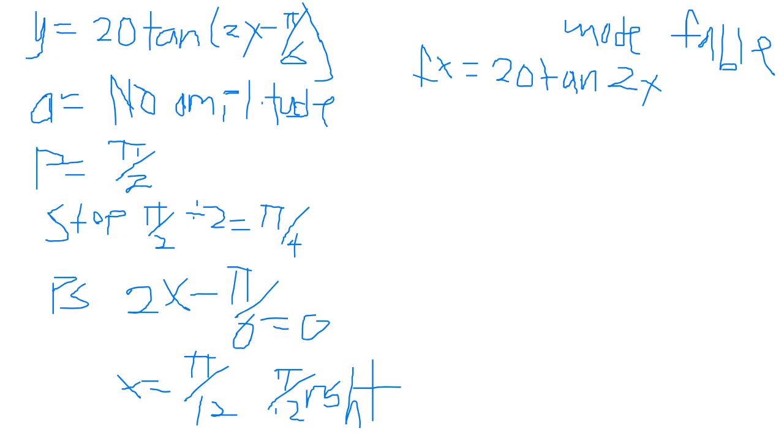That will be 0, and the step is going to be the period, which is pi over 2.